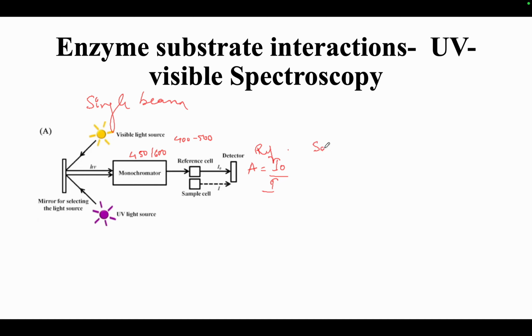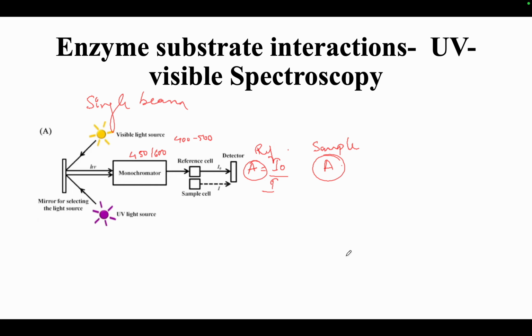Similarly for the sample, we'll also get some absorbance, and then we have to compare these two absorbances, like how much the absorbance has changed for the sample, or for the enzyme substrate reaction. In the reference cell, we could add only the substrate without any enzyme, so we can check what the changes in the absorption are.